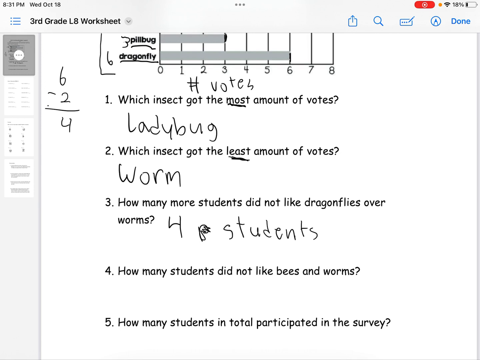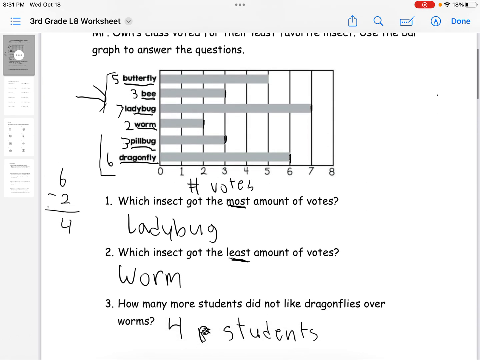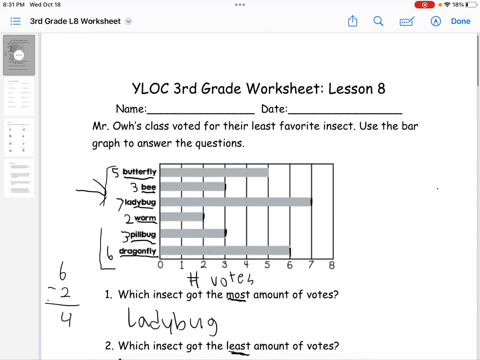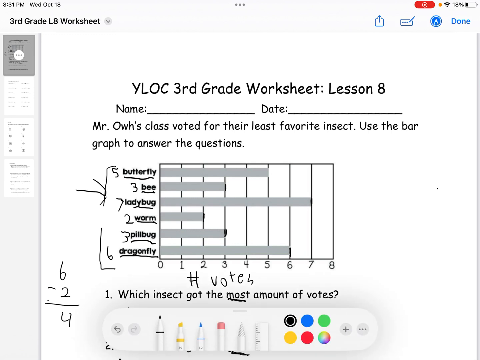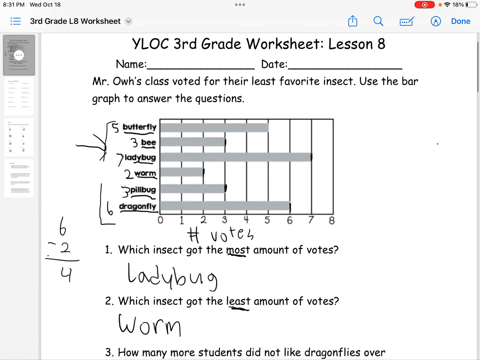Number 4 is asking, how many students did not like the bees and worms? Alright, so if you want to find how many students did not like the bees and worms, we first have to find the total amount of students. Okay, never mind. We know the most votes you could do is 8 votes.